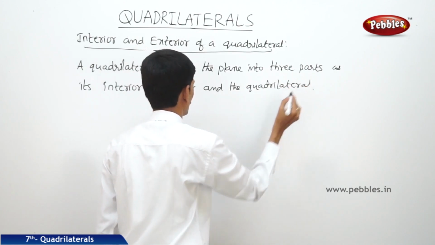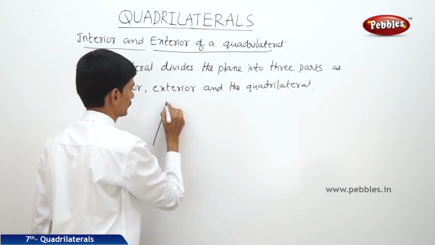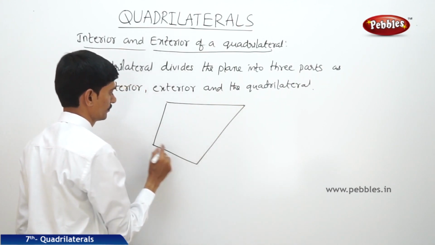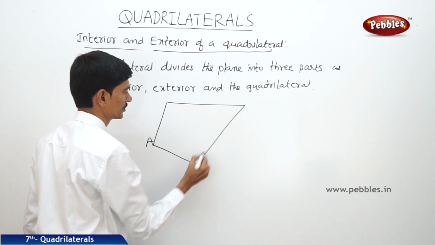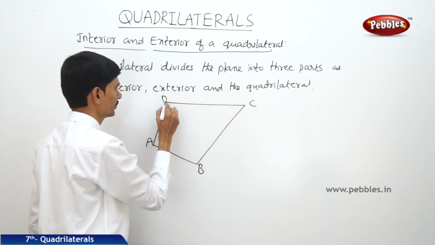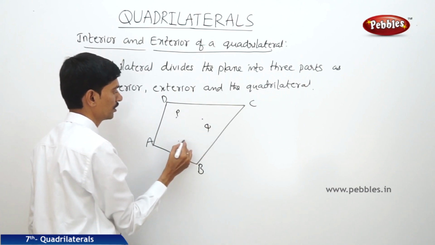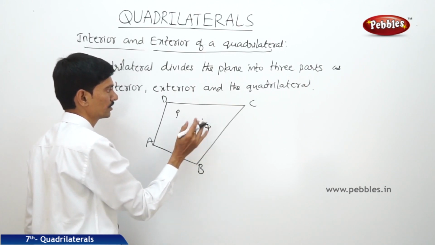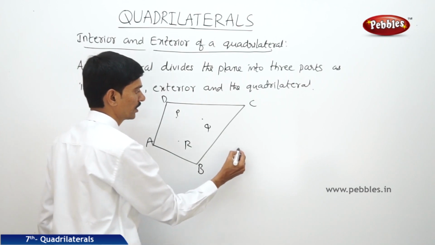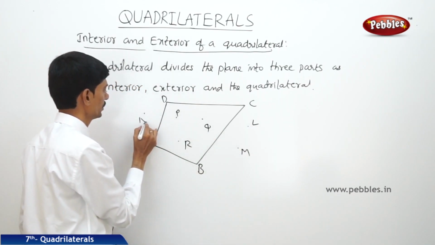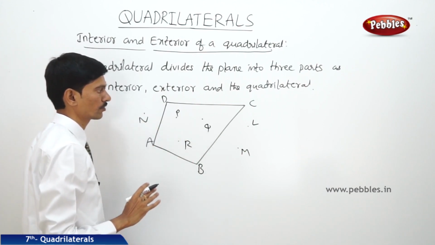So if you take the quadrilateral ABCD, and take the points inside the quadrilateral like P, Q, R, all these points lie in the interior of the quadrilateral, whereas L, M, N are points in the exterior of the quadrilateral.